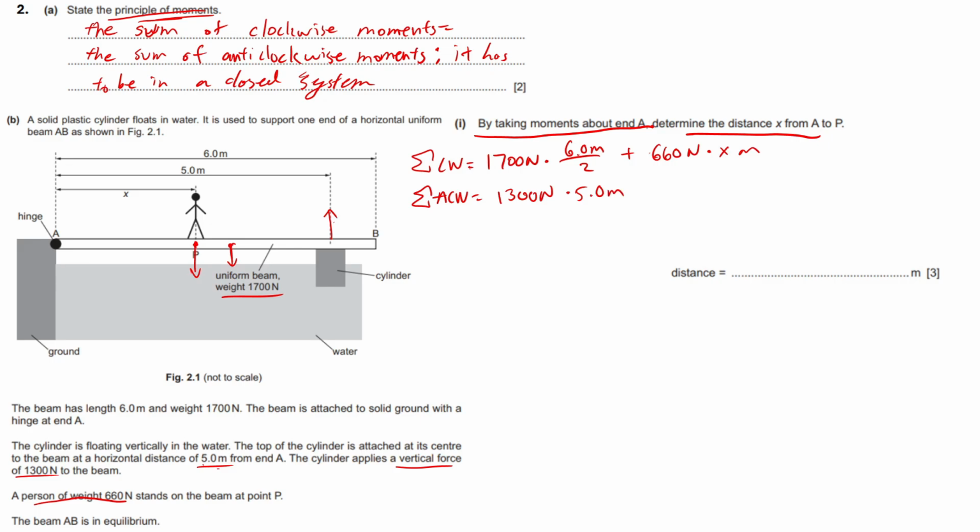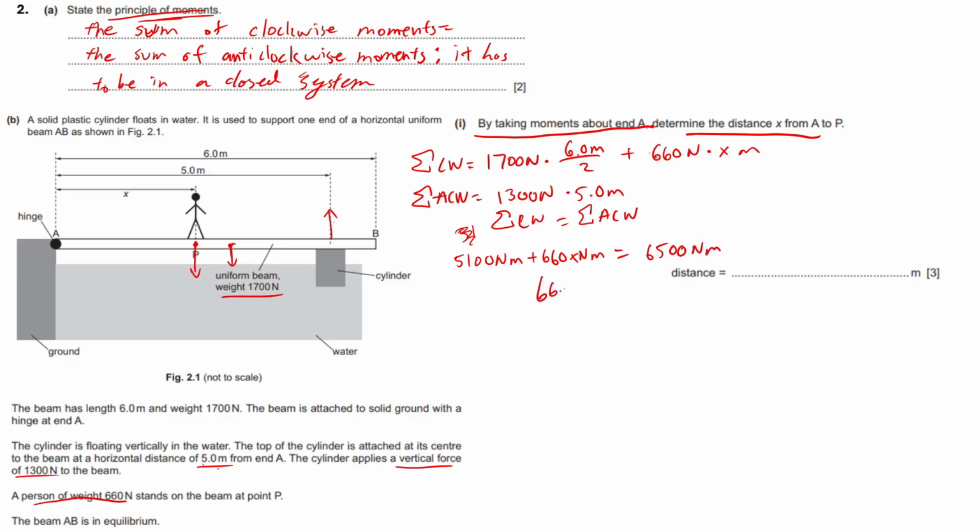And then now, due to the principle of moments, we can say that the sum of the clockwise moments is going to be equal to the sum of the anti-clockwise moments. And substituting it in, we get 5100 Newton meters plus 660x Newton meters is going to be equal to 6500 Newton meters.